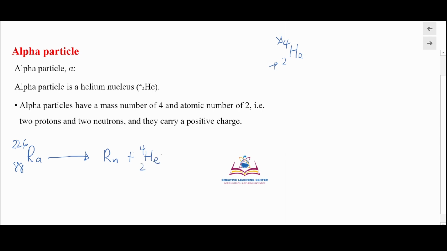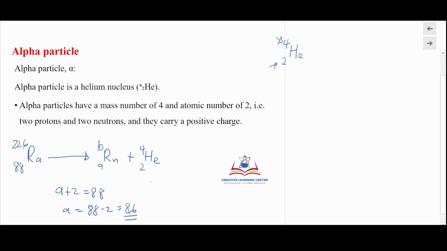That implies that if I try to balance out this reaction, if this is A and this is B, to get my A, I will simply say A plus 2 is equal to 88. So A is equal to 88 minus 2, which must give me 86.